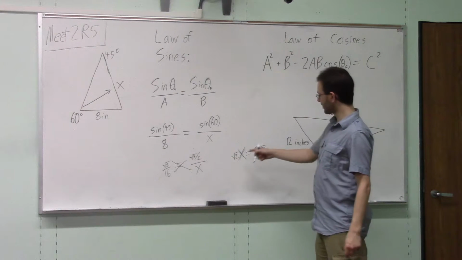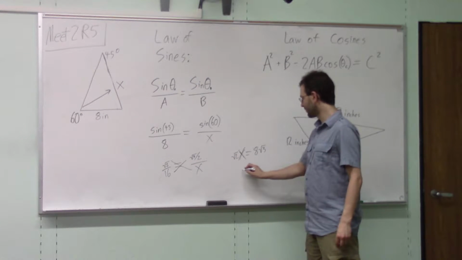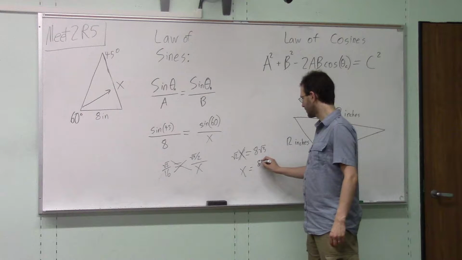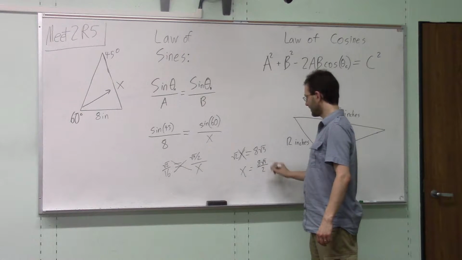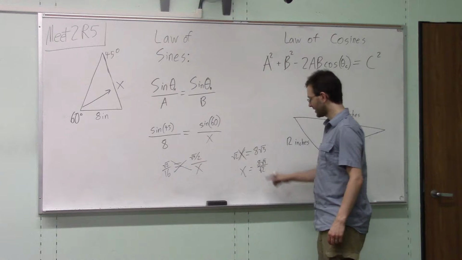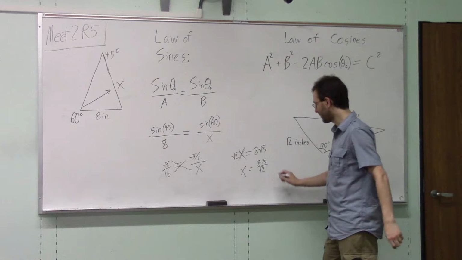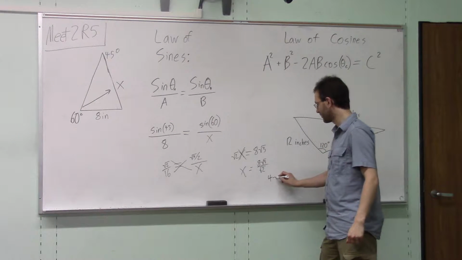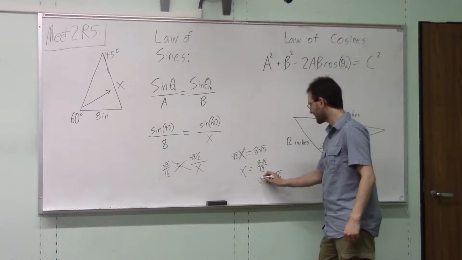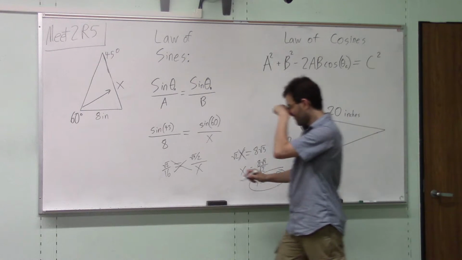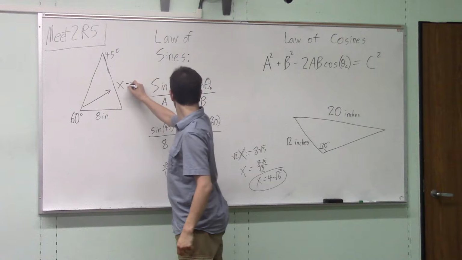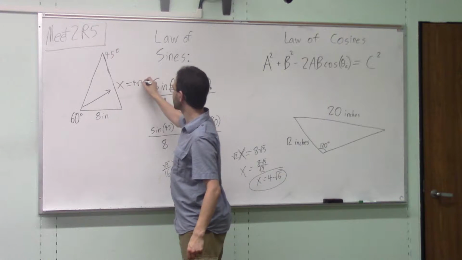And I end up with this, and then I'll divide each side by root 2. And I'll rationalize this by dividing both top and bottom by root 2, and I will end up with 4 root 6 equals x, and I have figured out how long this side is. It's 4 root 6 inches.